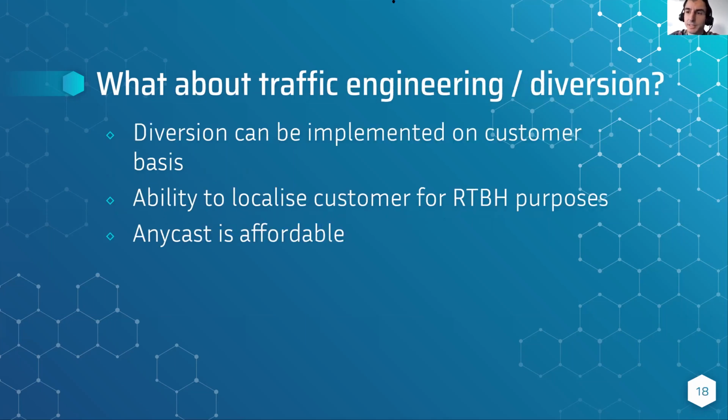And as I explained previously, black hole and traffic engineering are quite related, because I covered many things from this slide on the previous slide. One of the things I would like to mention is that many people talk about anycast, where you serve exactly the same service from many locations. But when people talk about it, typically they say, oh, it's deadly expensive, you cannot afford it if you're a small company. Fortunately, you can.